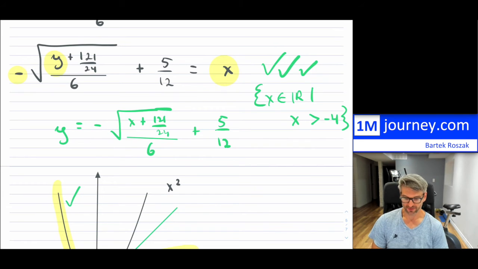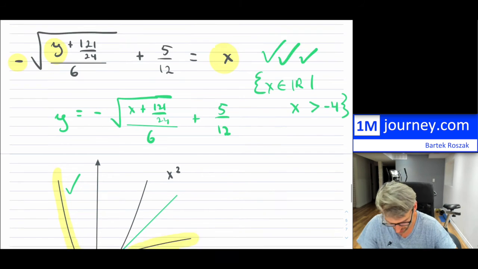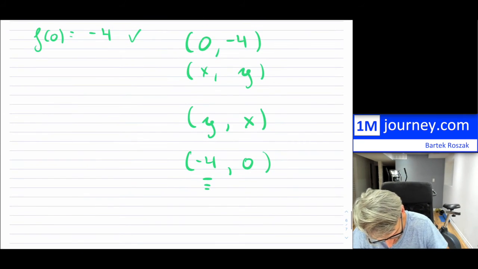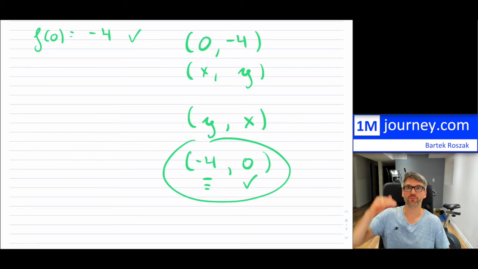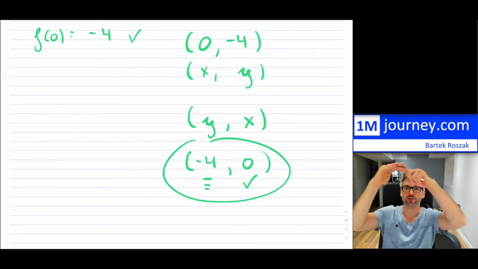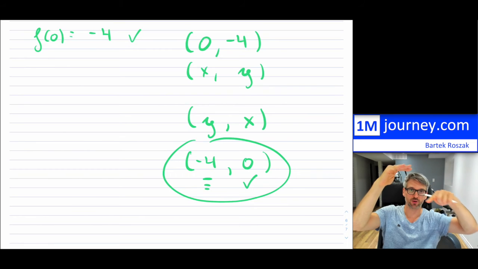All right, and then the value, so notice when we swapped it, the value of it is 0, so it's going to be maximum at 0, and then it goes down, and it just keeps going down, down, down.